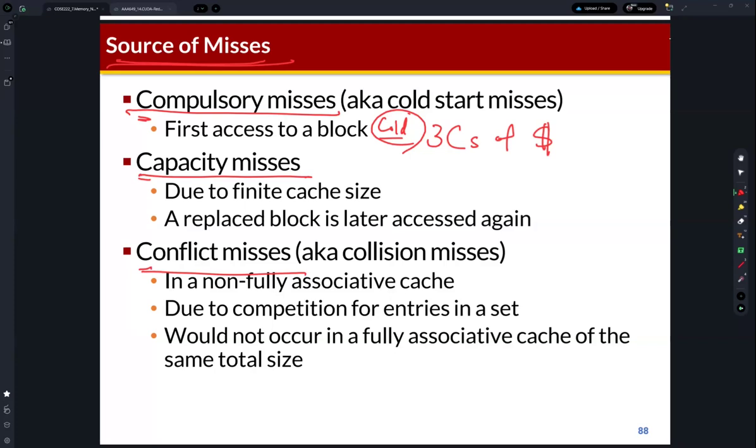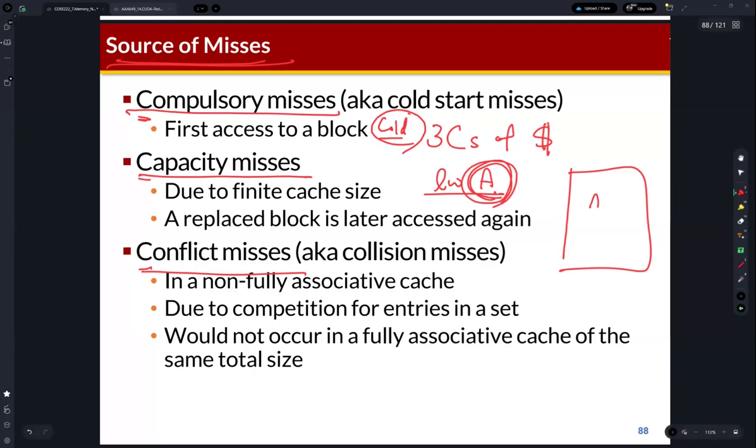I mentioned that initially the caches are empty. When certain data, like load word A, is first requested, we cannot find this data in the cache, right? In order to find the requested data in the cache, the data needs to be requested earlier, then allocated in the cache, and then we can access this data.